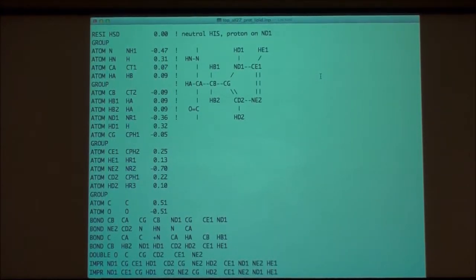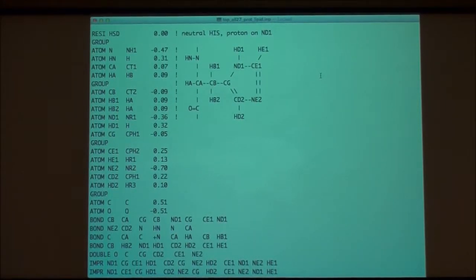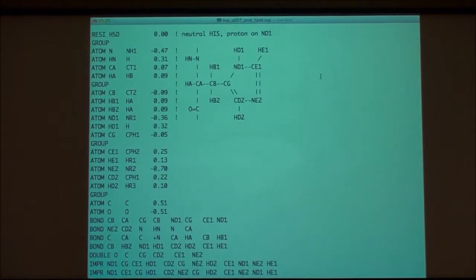This is usually done based on pKa calculations for these side chains. In most cases, you have clear pKa's. For acidic residues, you have pKa's of 3, 4, meaning that at a neutral pH where you usually simulate your system, these are going to be charged, deprotonated. And for basic side chains, we have very high pKa's, 10, 12, meaning that they are going to be charged too at a neutral pH.